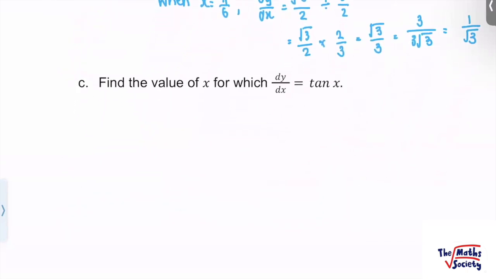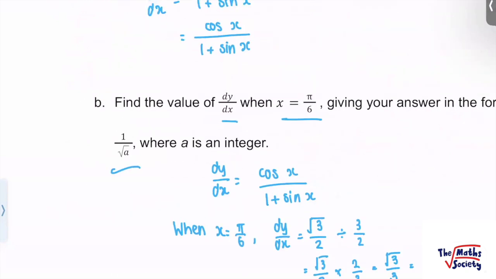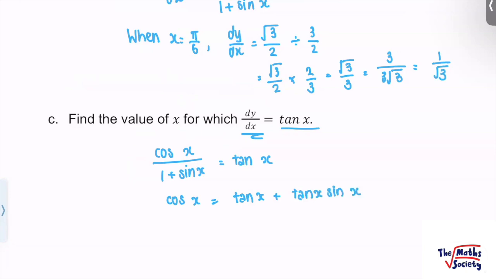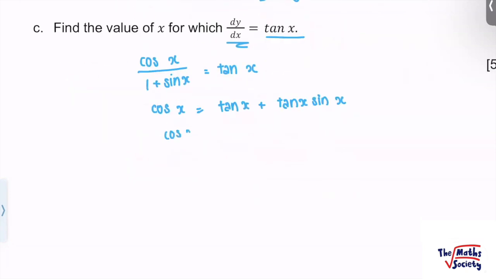And for C, it says to find the value of x for which dy by dx is equal to tangent x. So we're going to have cos x by 1 plus sine x equal to tangent x. So that cos x is going to equal tangent x plus tangent x sine x.